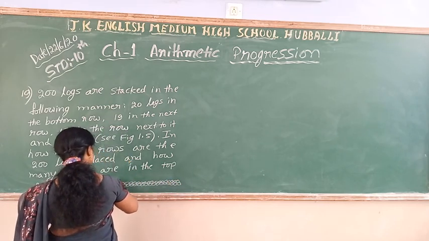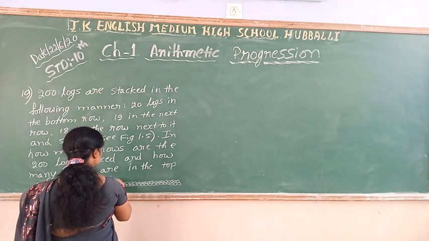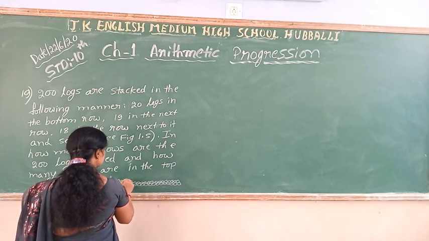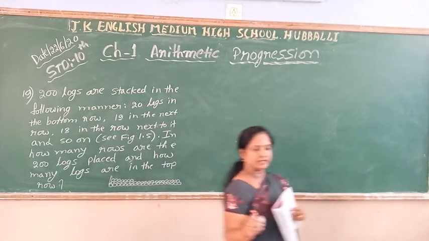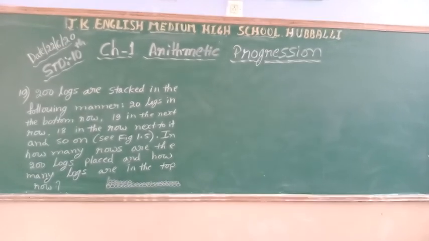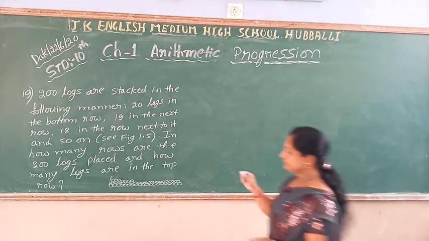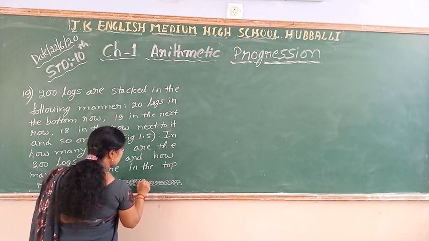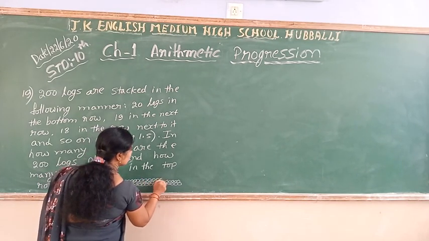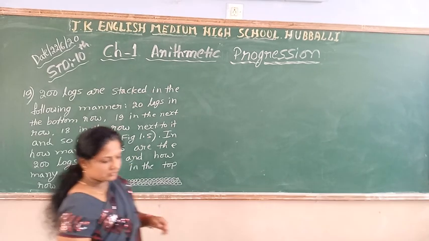So like this way they kept some logs, reducing one in each line, and we have to find out. So they are reducing one log above. Okay. So when you see the question, 200 logs.